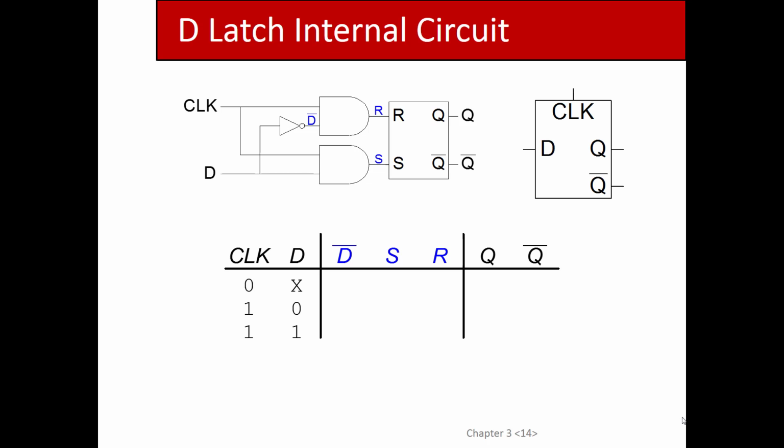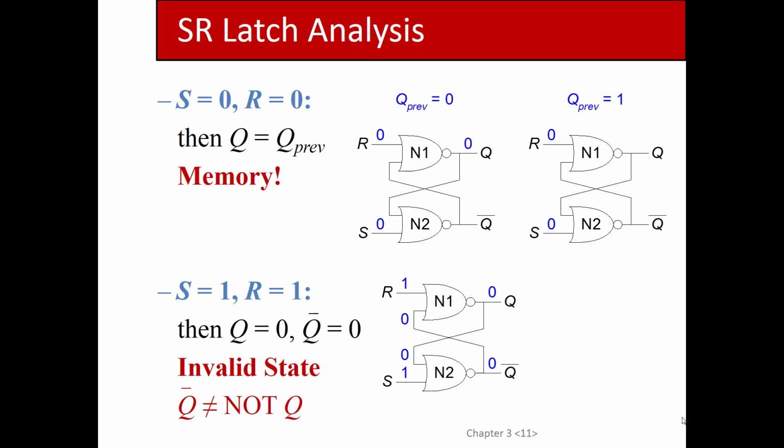Because of the delay, or? No, it's because of the cross coupling. Basically, those front end AND gates enforce this usage where you have a 0, 0, which is capture, right? Why is it capture? Because it turns these guys into inverters, and the inverters are just a ring of two inverters that constantly persist.